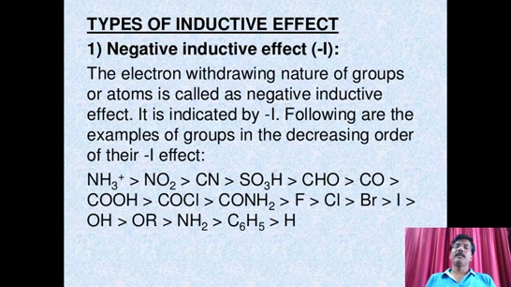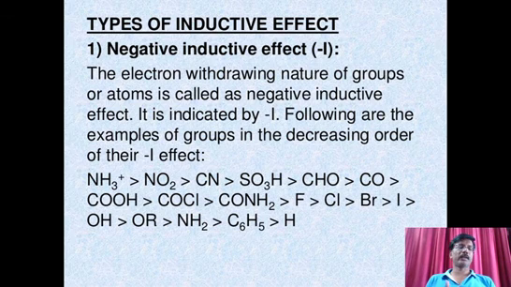Whenever we take organic molecules, everywhere we find carbon. So any atom which is more electronegative when compared to carbon, all such groups are called negative inductive effect groups, or minus I groups. You can see here, for example, NO2, nitrogen.